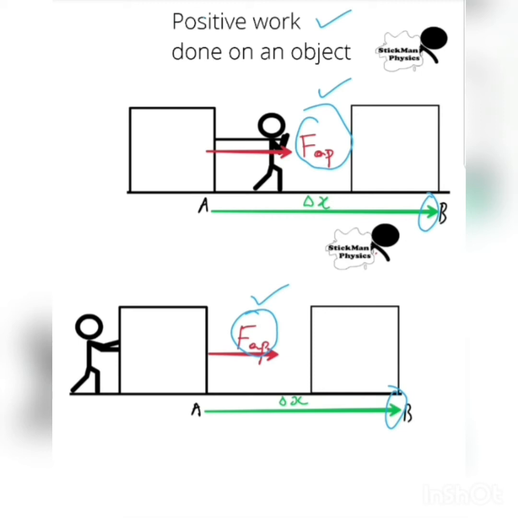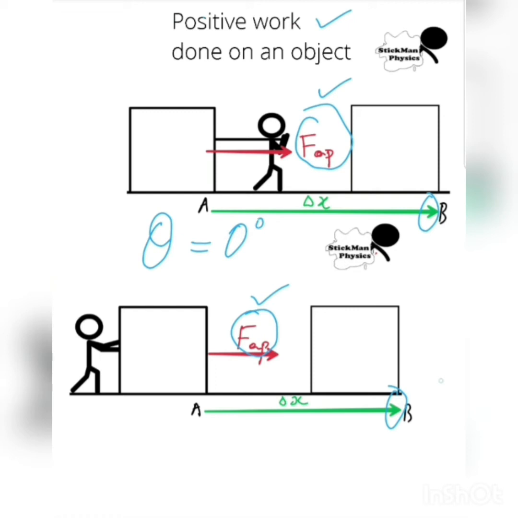So remember, if we talk about the angle between the force and the displacement, in both of these cases our angle theta is going to be equal to 0 degrees.